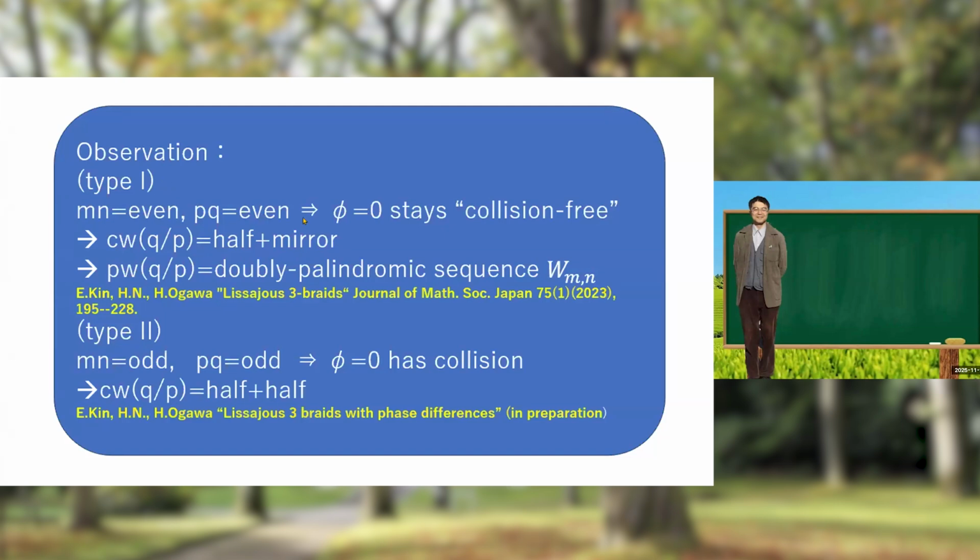And we observe in the type 1 case, if m and n are both even, then phase difference 0 stays collision free. Then the Christoffel word is a half plus its mirror shape. Then we can shift it to a doubly palindromic sequence, which is intensively studied in the first paper.